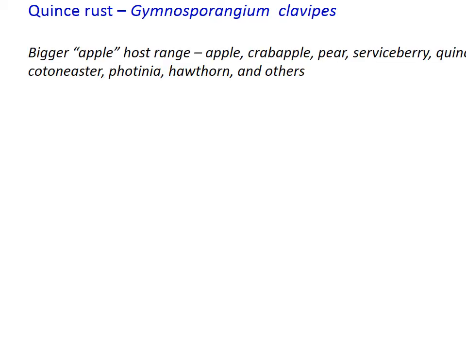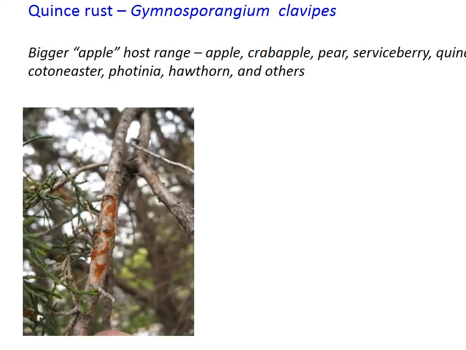Okay, so the third one I'm going to mention is quince rust, another closely related fungus. And this one has a bigger host range on the apple side, which can include apple, crabapple, pear, serviceberry, quince, cotoneaster, photinia, hawthorn, and others. So here is what the fungus looks like on the juniper, and it's a little different.